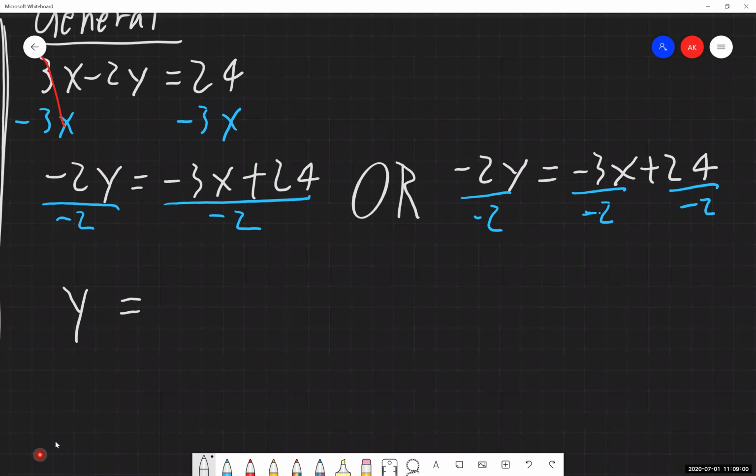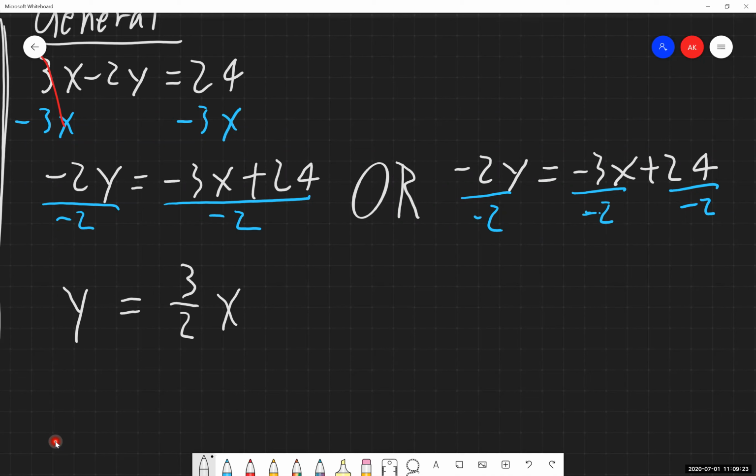I have negative 3x divided by negative 2. A negative divided by a negative is a positive. 3 divided by 2 is kind of a nice decimal, but I'm going to leave it as an improper fraction. It works out to be a positive 3 over 2x.